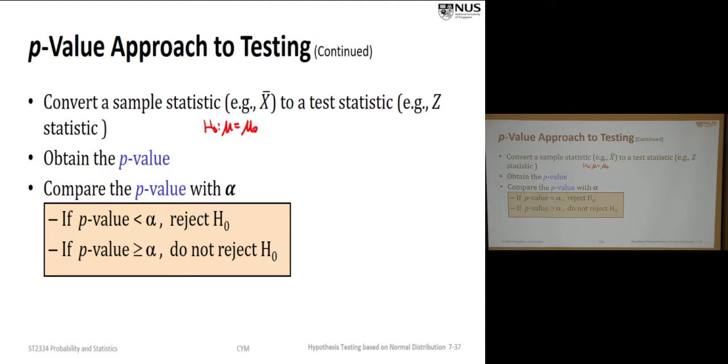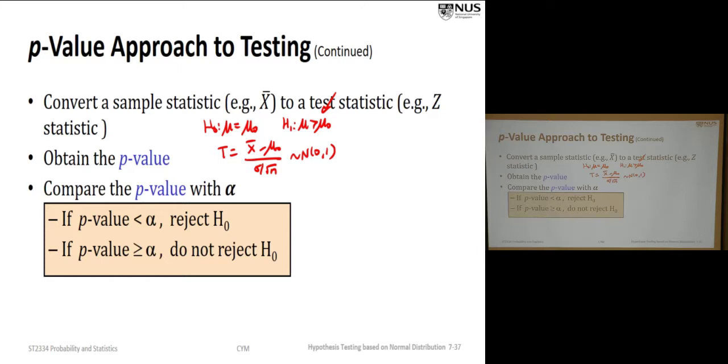We test this against mu bigger than mu naught. Assume sigma is known. So my test statistic is x bar minus mu naught over sigma over root n, and this follows a standard normal distribution. If the alternative is true, you expect your x bar should be big as well.